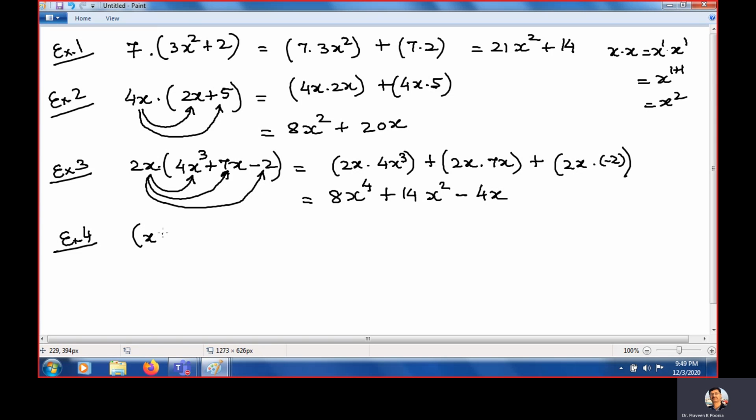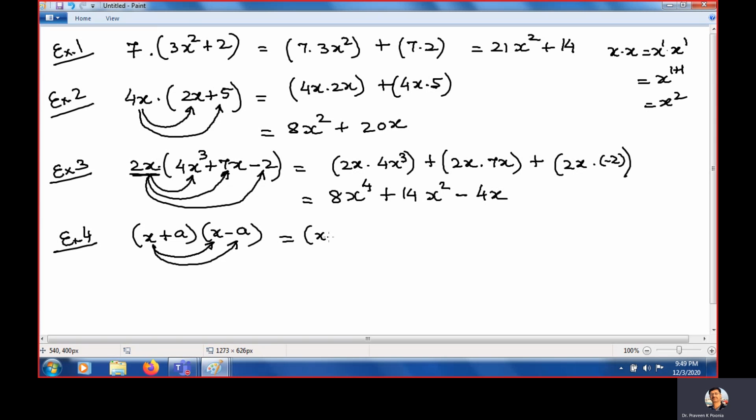Example 4. It is x plus a, x minus a. Look, here was only a monomial. We were multiplying one polynomial with another polynomial, but this polynomial has one term. This is a monomial, but here both are polynomials. Both have two terms. So what we are going to do is, first we will multiply x.